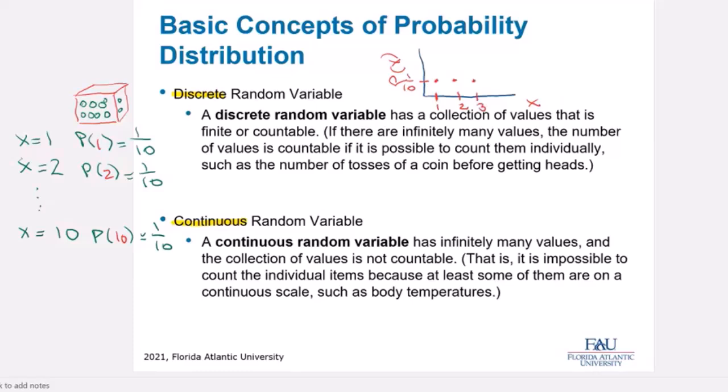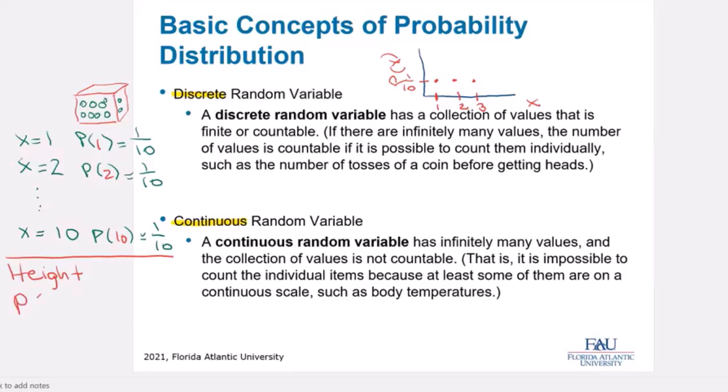Can I connect those dots? No, because there's no possibility of getting a 1.5. I can't put a value in between 1 and 2. That's what makes this discrete. Discrete has distinct values.